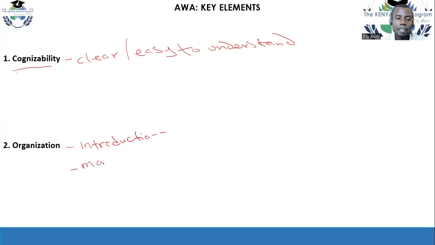Then the subsequent paragraphs should deal with the main arguments or the points. Then once you are done with the main arguments or the points, you conclude the essay.